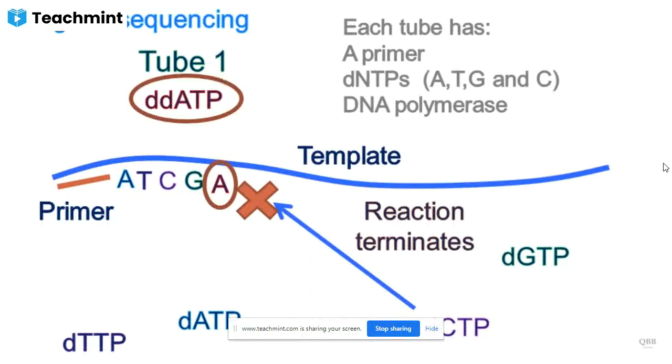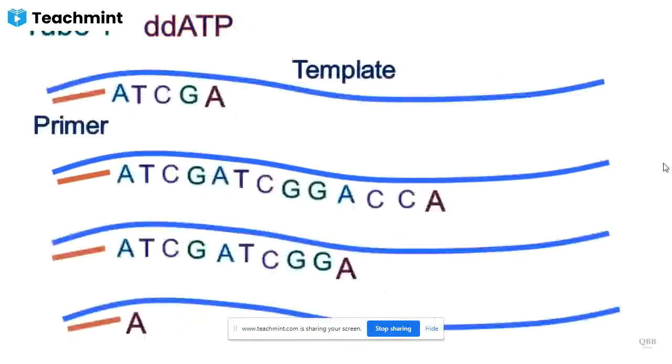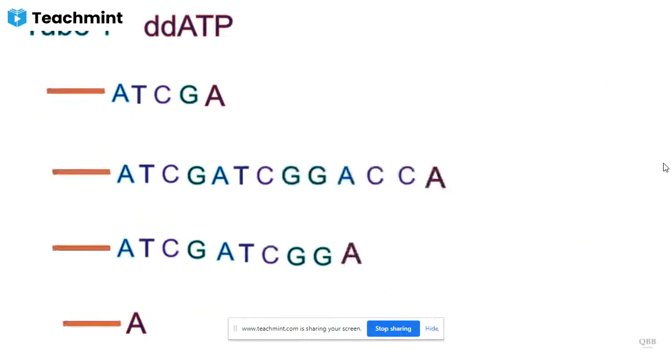The incorporation of dideoxynucleotide and termination of the polymerizing reaction is a random process. Hence, the overall mixture will have several fragments that have experienced chain termination. Now, if the length of the fragment is known, then the location of adenine in the DNA can be estimated.